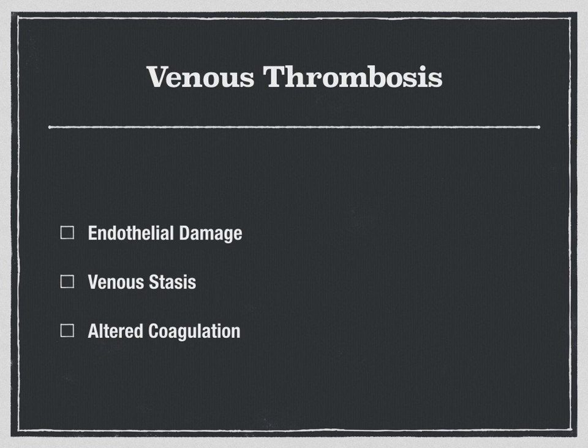Venous thrombosis. This can come from endothelial damage, venous stasis, or altered coagulation. If you're having damage to the vessels, that could be from trauma or surgery. If we're placing dialysis catheters, we're causing some type of damage to that vessel just because of the way we're entering. We're causing an entry point in that vessel. So keeping that in mind, that can increase their risk for thrombosis.